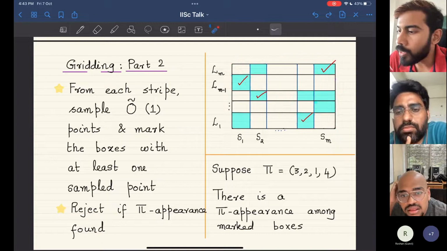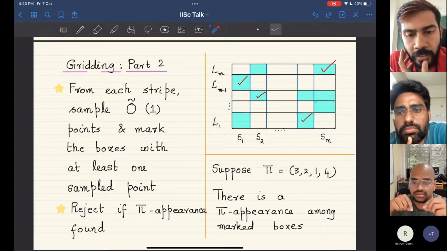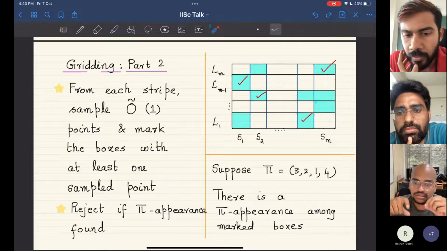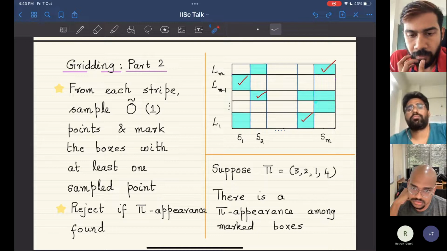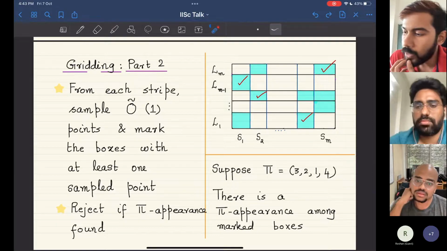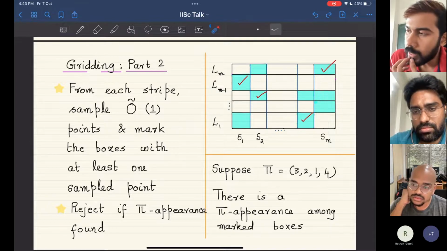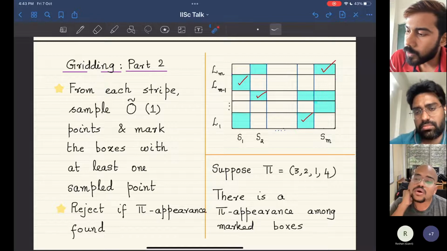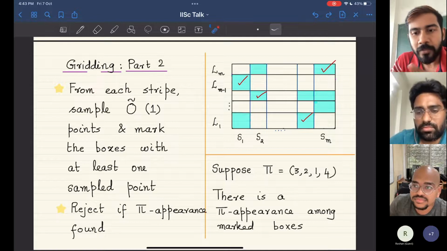But somewhere there will be this 4, 3, 2, 1 sitting there. 3, 2, 1, 4, right? Consider the diagonal, for example. Maybe the lowest 3 points on the diagonal, or maybe not the lowest 3 points. Okay, you got it, right? Yes, there will be.